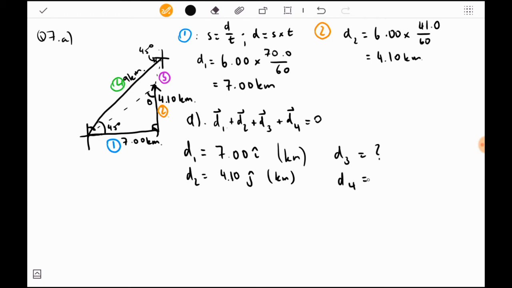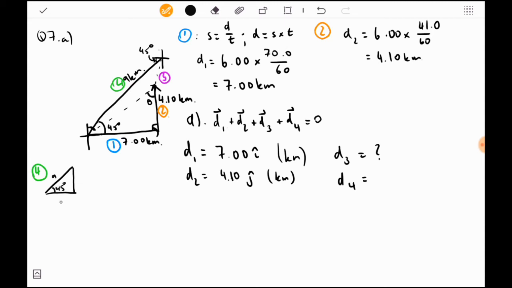And D4, I'm told that we went southwest. So it's not as simple as these were to find, and instead I'm going to have to do some trigonometry. So let's come over here again, working out D4 in component form. I know that this is 45 degrees here, and this is 9 kilometers. Let's draw this out a bit nicer.